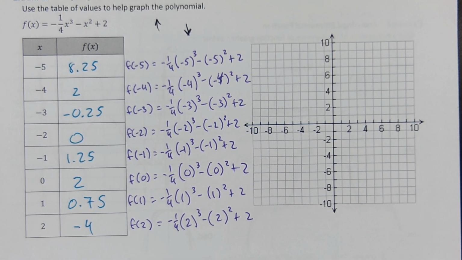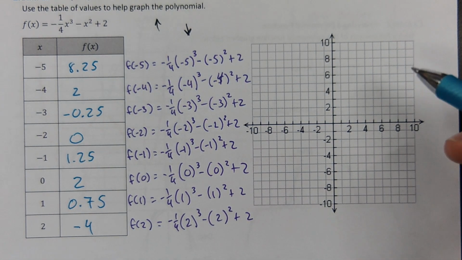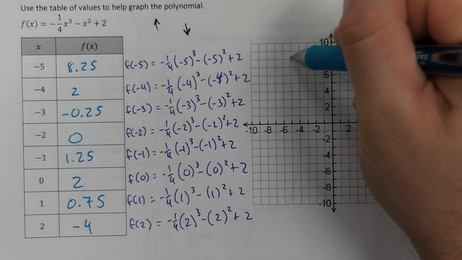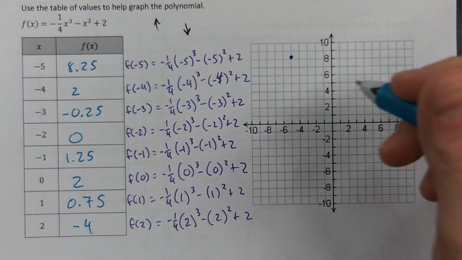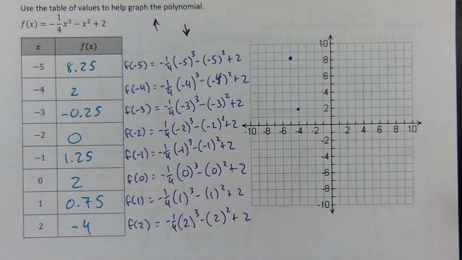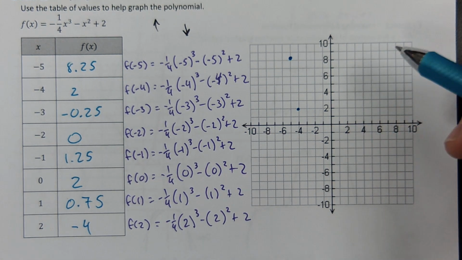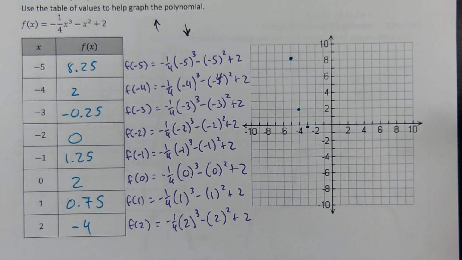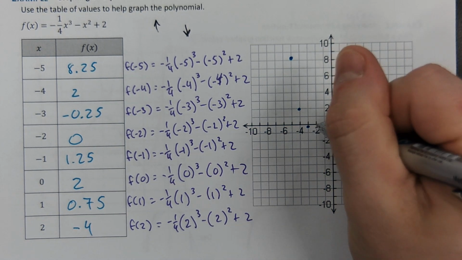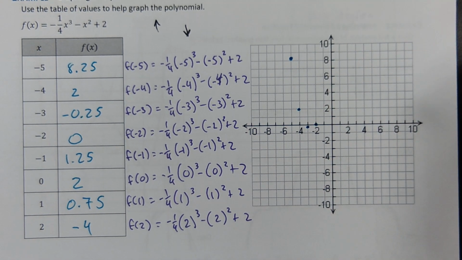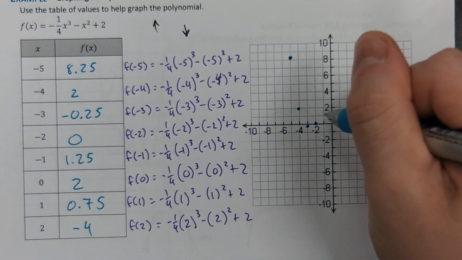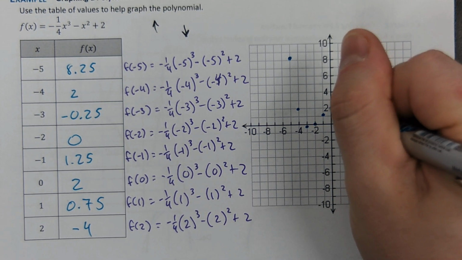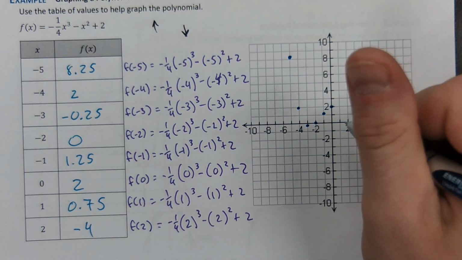Let's plot these dots to the best of our ability. -5, comma, a little bit more than 8. -4, comma, 2. -3, -1/4, like right there-ish. -2, 0. -1, 1.25. 0, 2. 1, comma, 0.75.